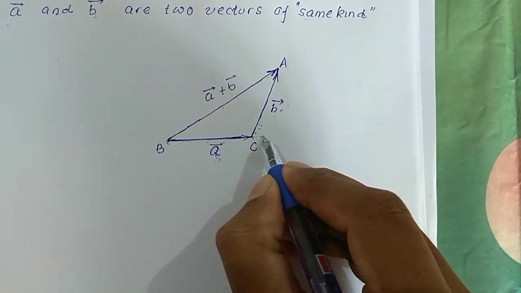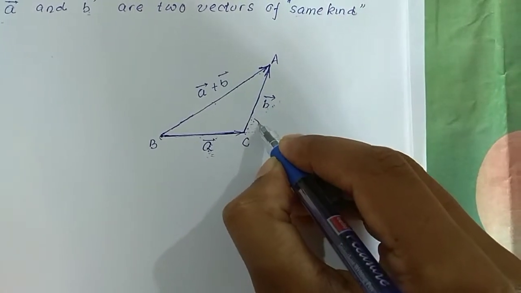Now, what is the angle between the vectors?